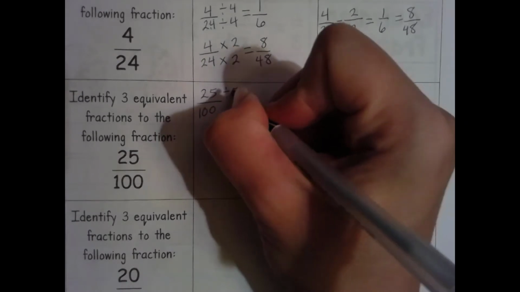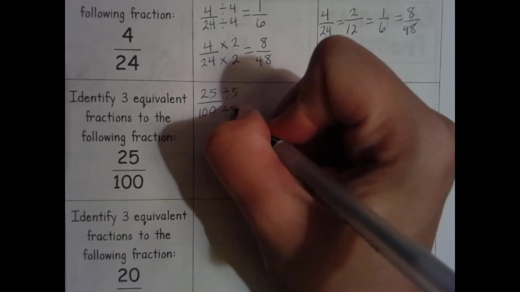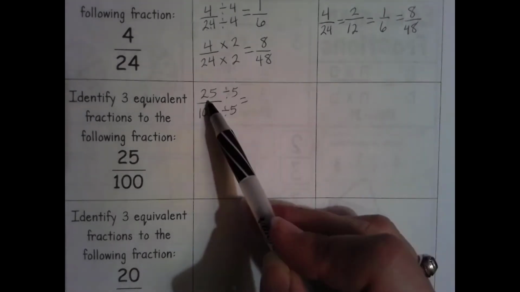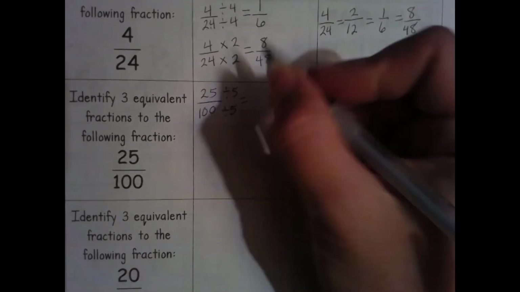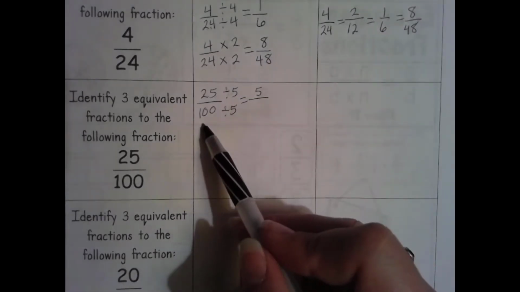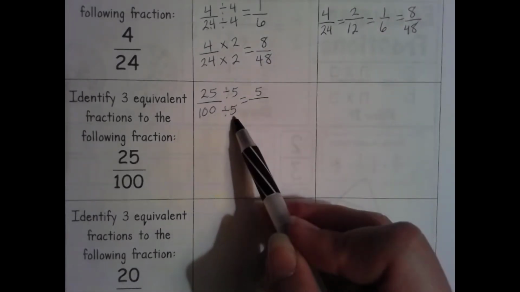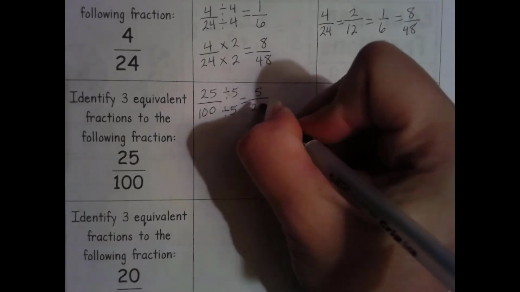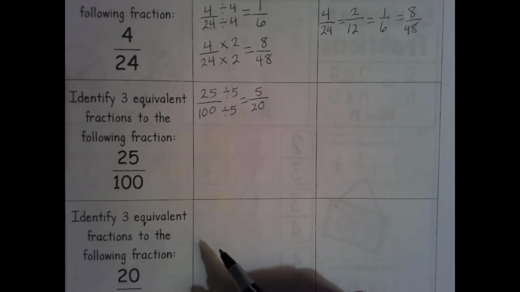I can divide both by 5. 25 divided into groups of 5 is 5. 100 divided into groups of 5, well, if I think of money, those are nickels. And it takes 20 nickels to make 100 cents, or $1.